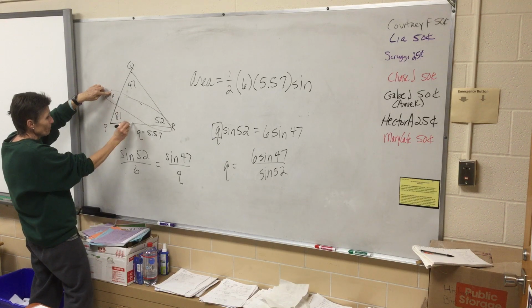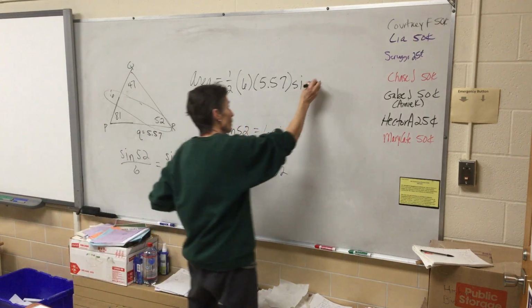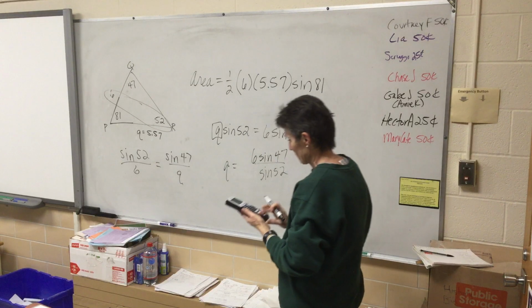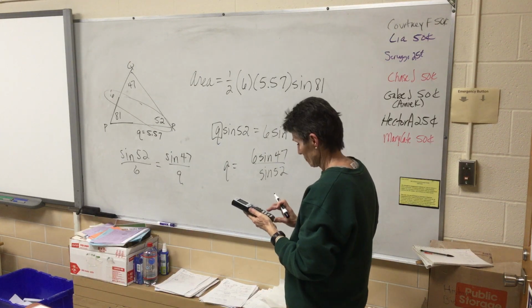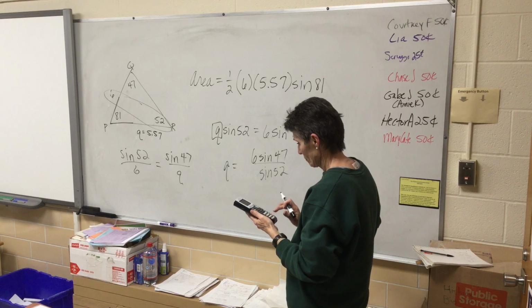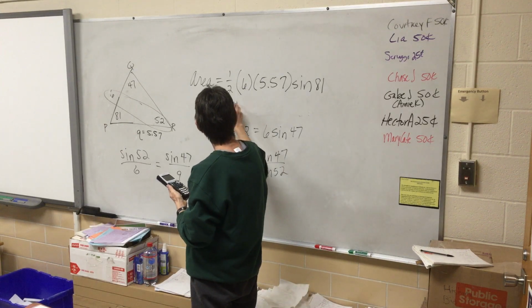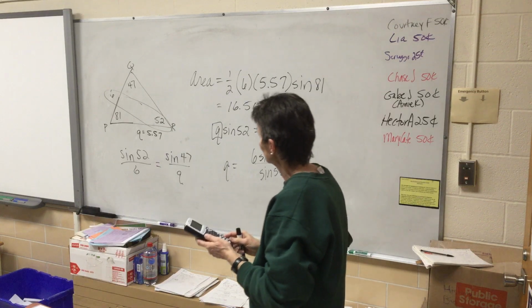It is the angle between these two sides. So sine 81. $16.50 is the answer to the question.